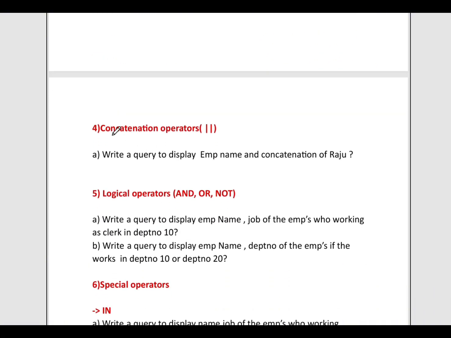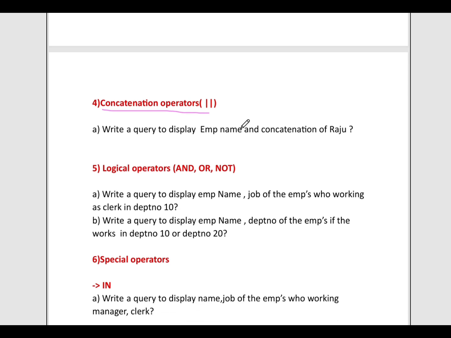And the next one is the concatenation operator. So this is the symbol of concatenation. Concatenation means, simply, just adding. Let's discuss practically. Write a query to display employee name and concatenation of Raju.